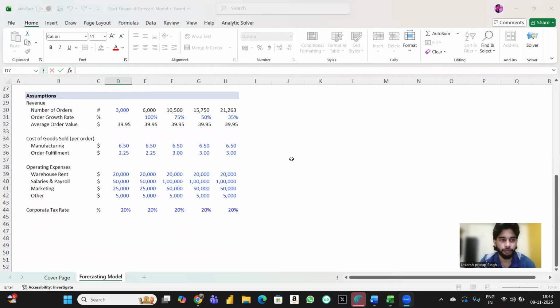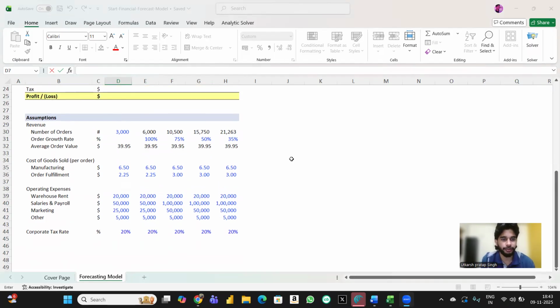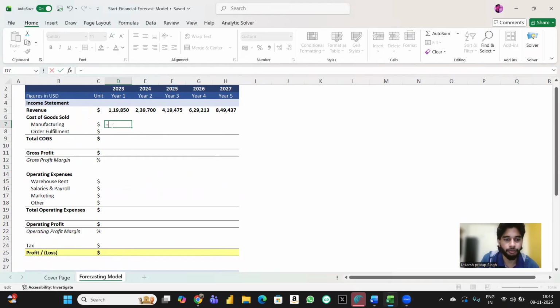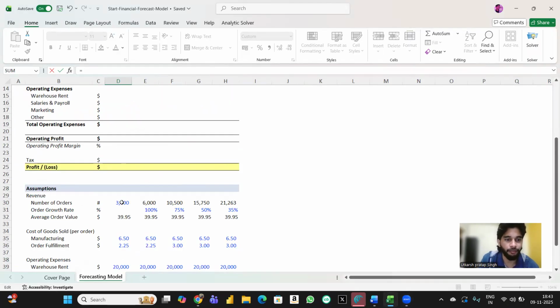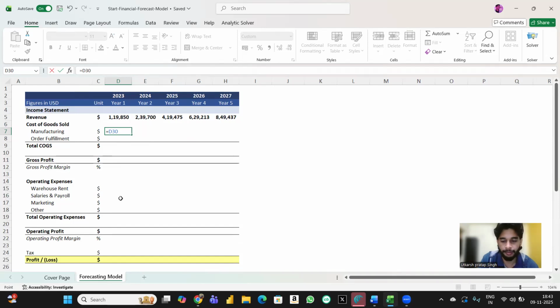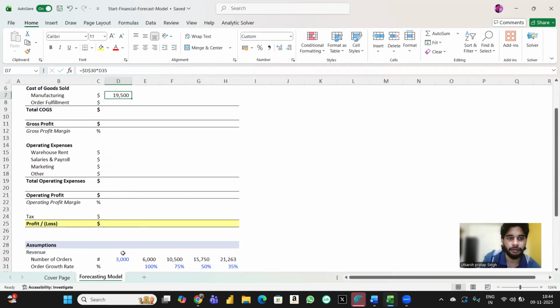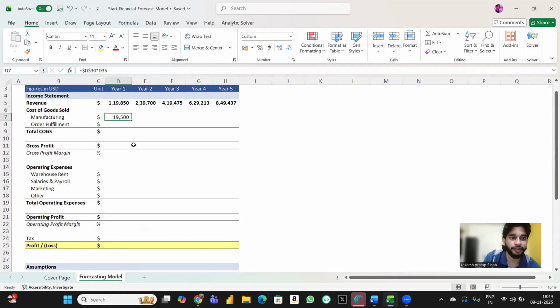Now, as we have the cost of goods sold in our assumption, we are going to use this. For this, we will put equals, and we are going to take the number of orders, then function plus F4, lock this number, and then multiply with the manufacturing expense. We can get that the cost of manufacturing goods would be 19,500.